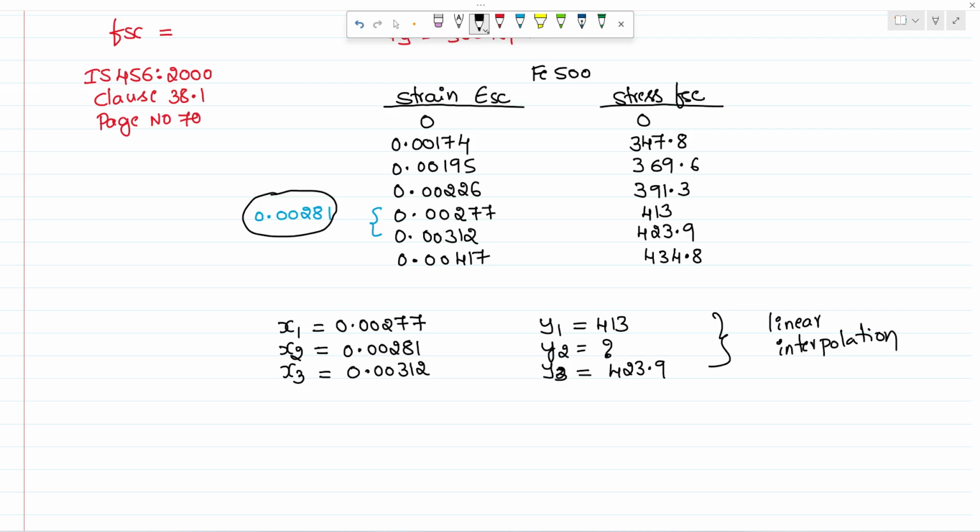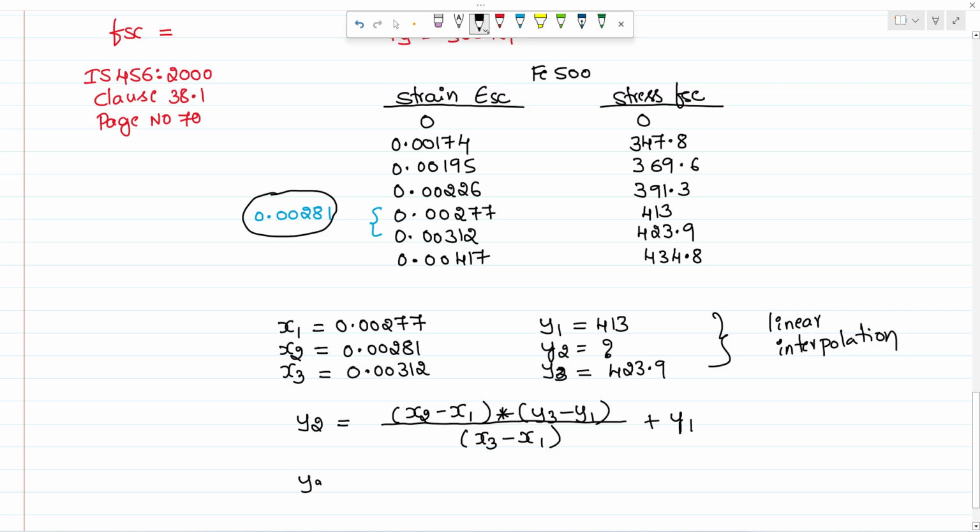So what is the formula? The formula will be y2 equals (x2 minus x1) multiplied by (y3 minus y1) divided by (x3 minus x1) plus y1.